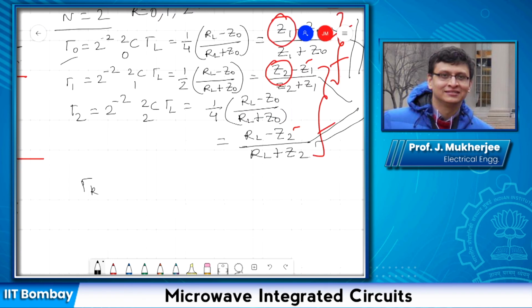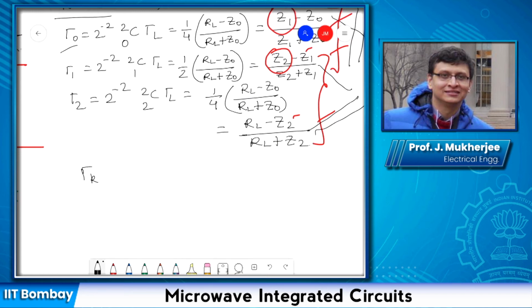Okay, so now coming back to the simplification, recall the simplification that we used for gamma k, given by this formula, which can be approximated like this. Let us see what happens when we do this simplification.